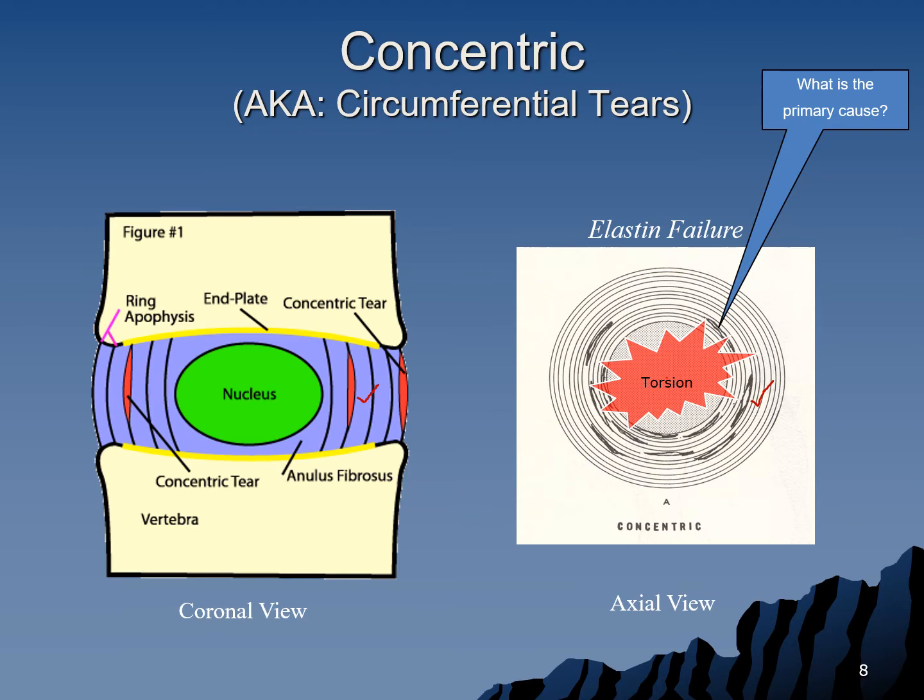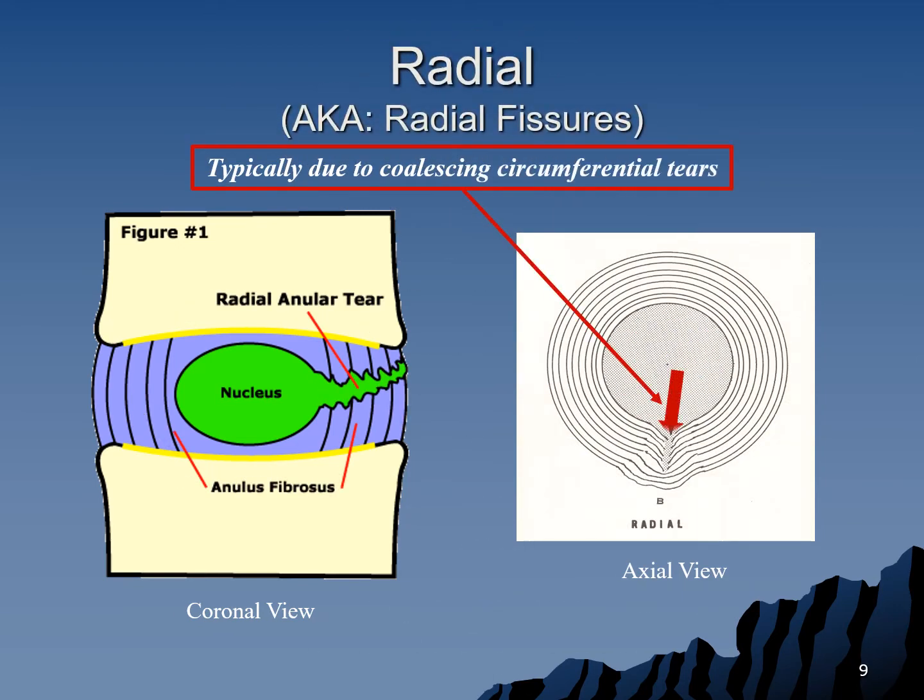And if you get enough of them, if they coalesce together, you get what's known as a radial tear or a radial fissure. And you can see this very clearly over here on the coronal or frontal view, and very clear on the transverse view.